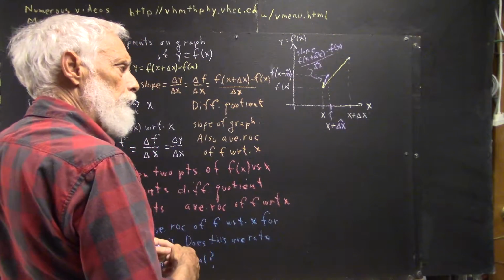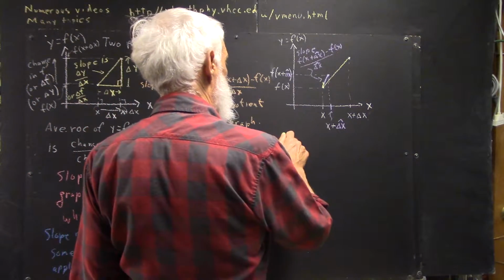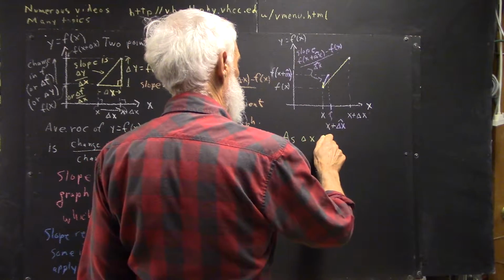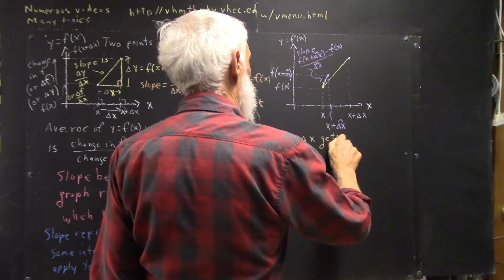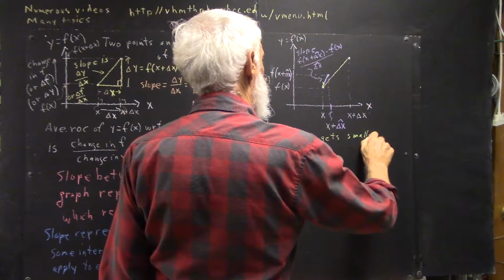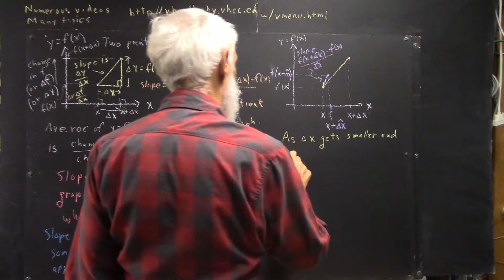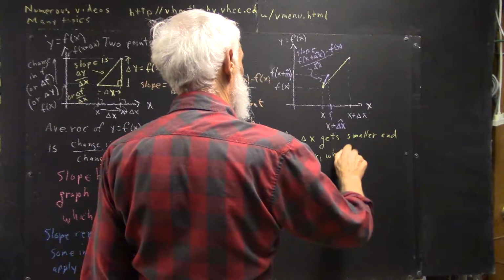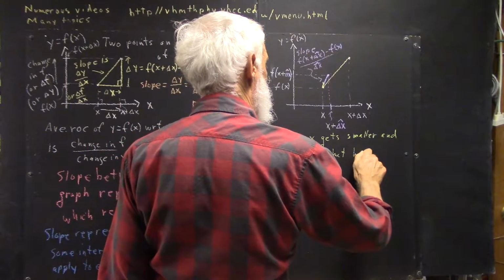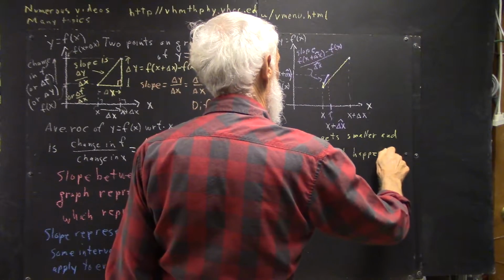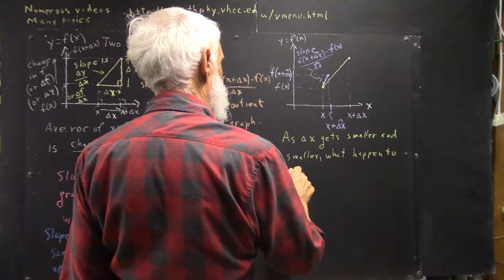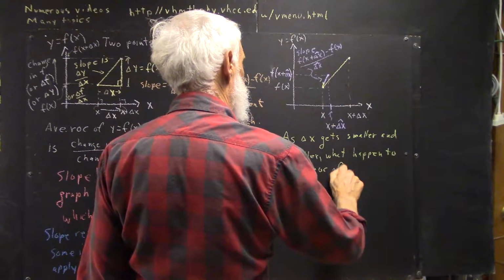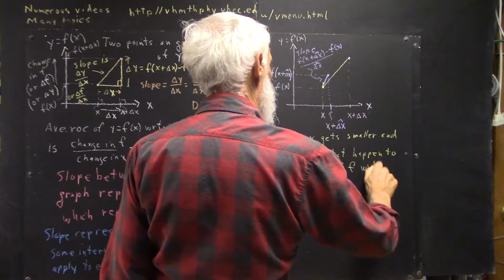So now I ask myself, as delta x gets smaller and smaller, what happens to the average rate of change of f with respect to x?